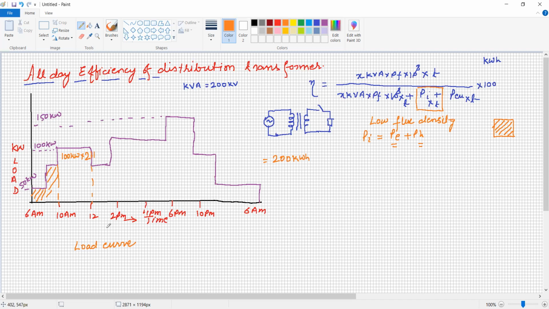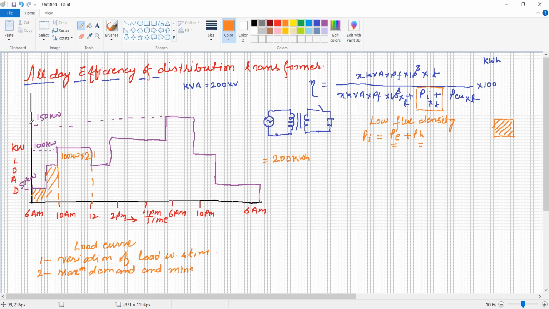So what different information is available from the load curve? First, it represents the variation of load with respect to time. Second information, it gives the maximum demand and minimum demand.